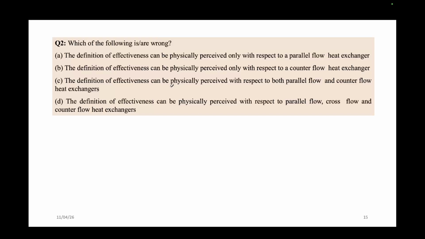Considering this, I'm giving you 1 minute. It can be a multiple answer. That is my hint.